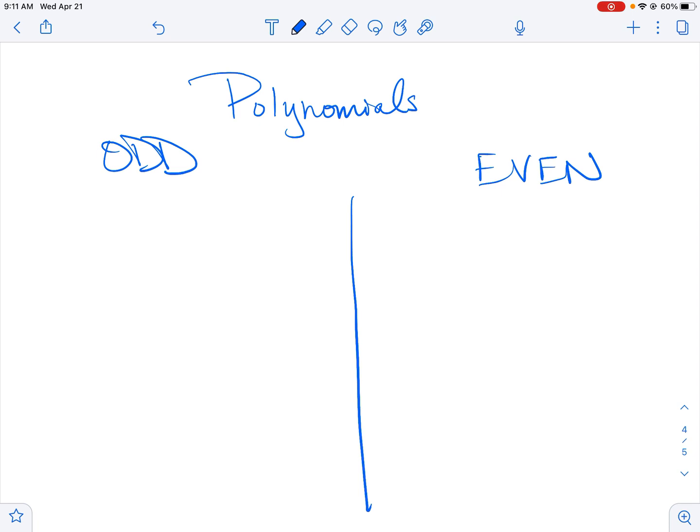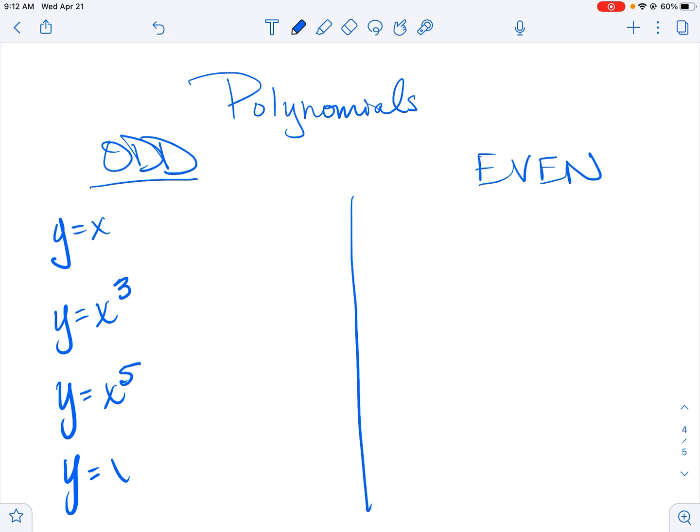So the odd polynomials are going to be y equals x, y equals x to the third, y equals x to the fifth, y equals x to the seventh, and on and on.